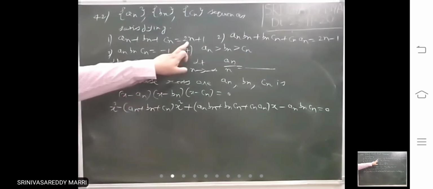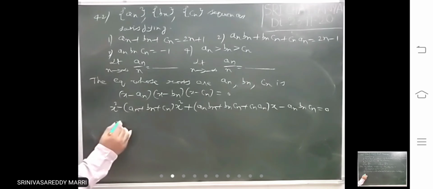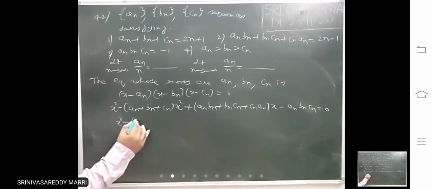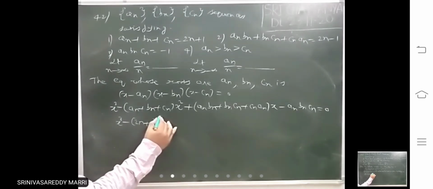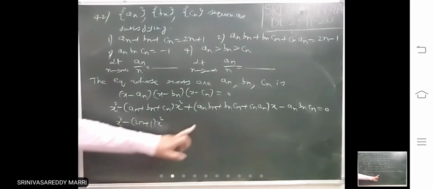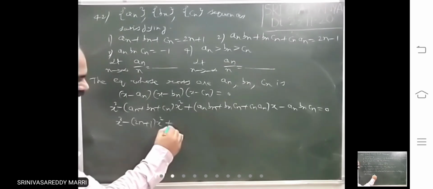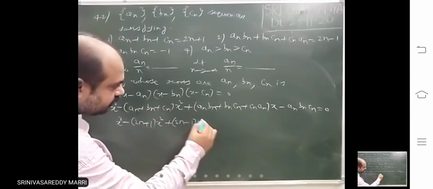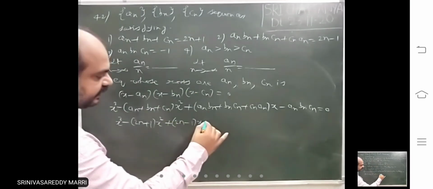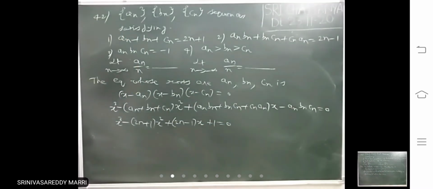So this is the equation whose roots are a_n, b_n, c_n. This is given as 2n plus 1 into x square, this is given as 2n minus 1, and this is given as minus 1 plus 1 equal to 0.